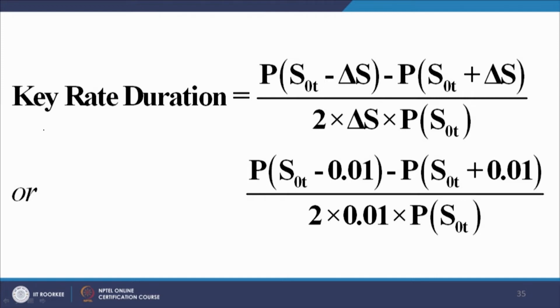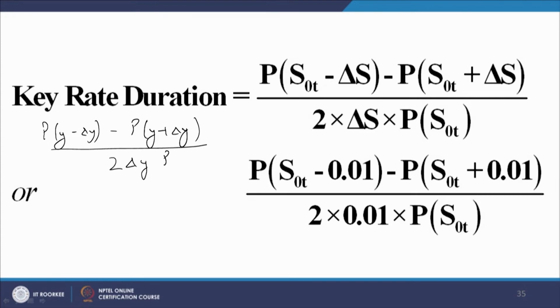It was P(y minus delta y) minus P(y plus delta y) divided by 2 delta y into P(y), and this is D mod or D effective.